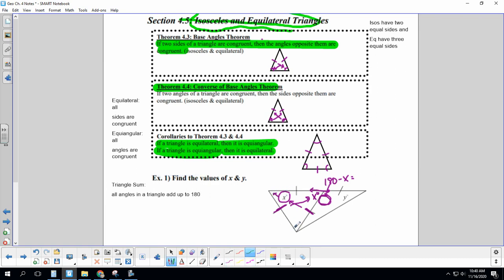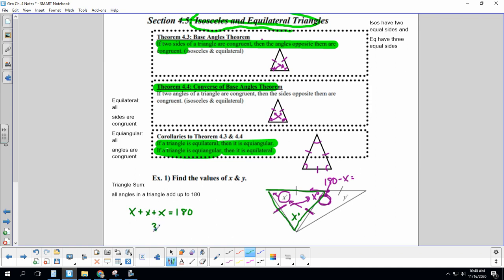If this is an equilateral triangle, all three sides are congruent, then we know all three angles are also congruent. So those three angles are going to add up to 180.